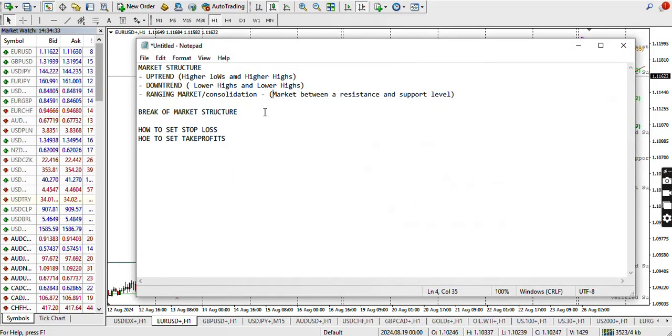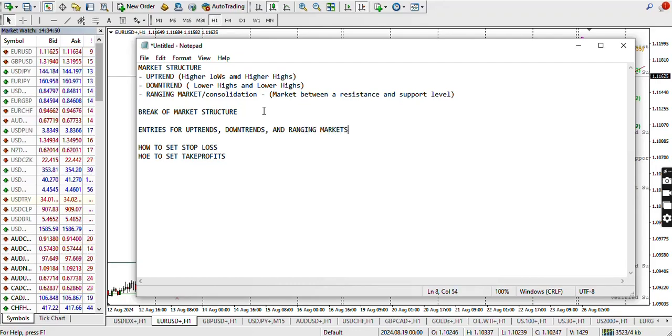So I didn't add entries here, so let me just add the entries for uptrends, downtrends, and ranging markets.